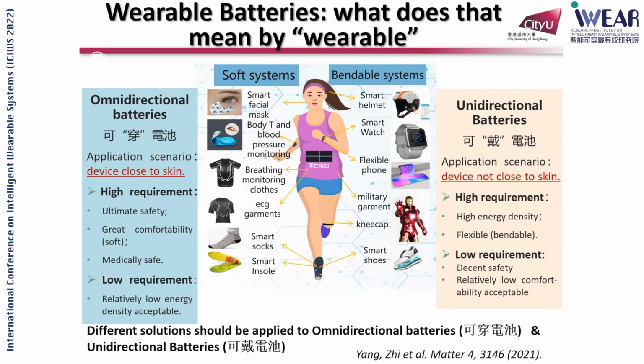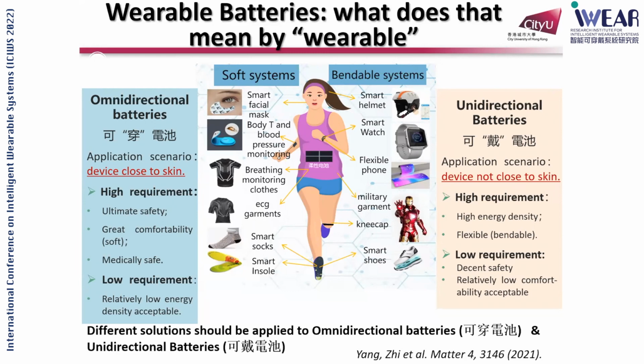So they have requirements: it should be ultimately safe, very safe, comfortable, soft, and medically safe. But since this is a single-function device, they can probably accept relatively low energy density. That is acceptable. We call these omnidirectional batteries.